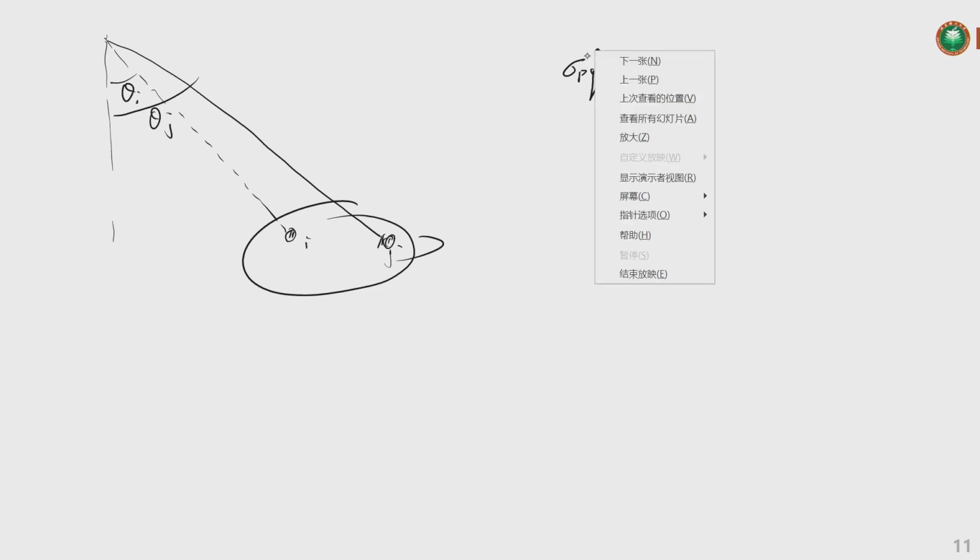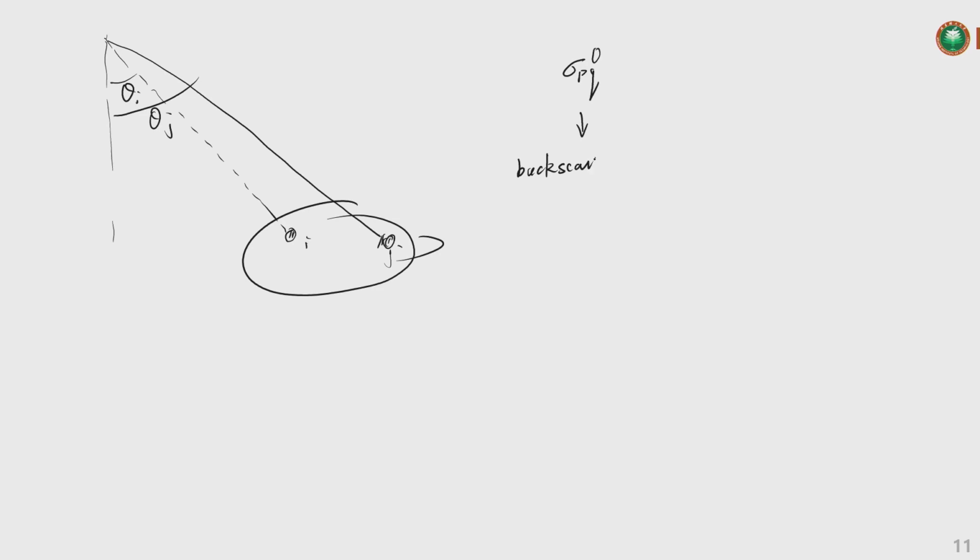So what we can do is use the backscattering coefficient. We name it the backscattering coefficient, equal to the average over the whole distributed target divided by its area.